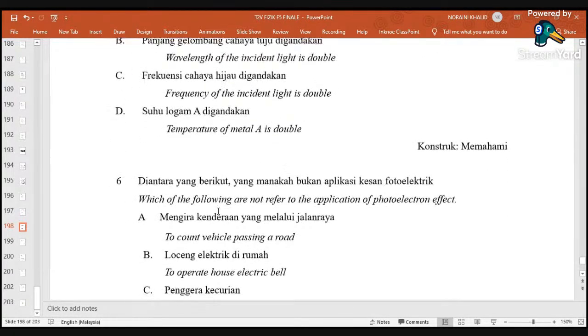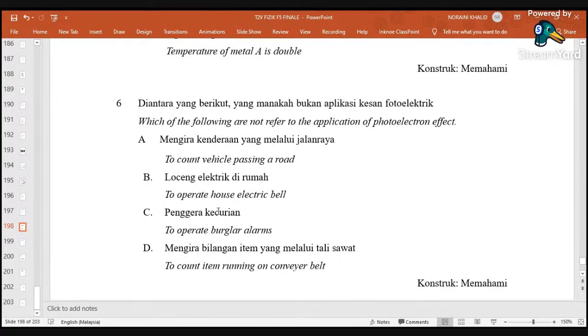Number 6. Which of the following are not applications of the photoelectric effect? To count vehicles passing a road, just like a detector.